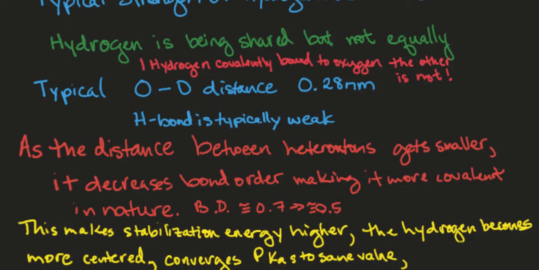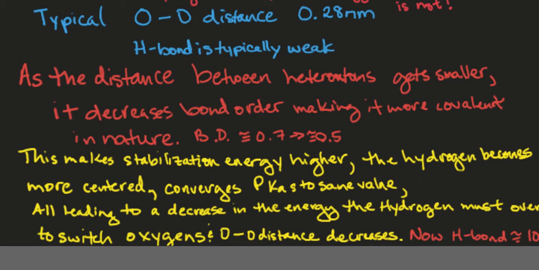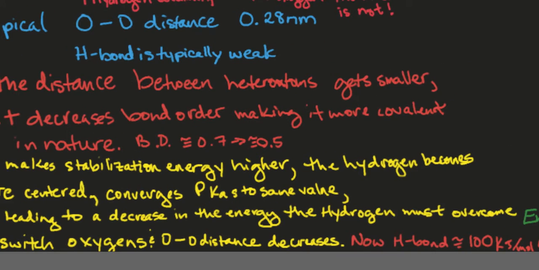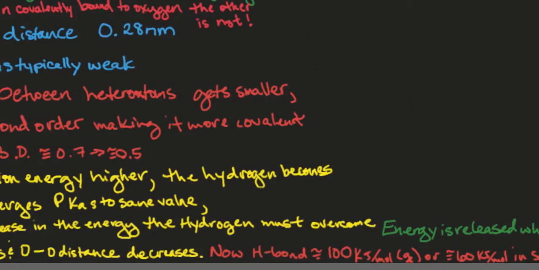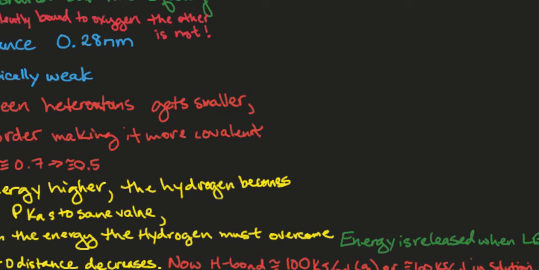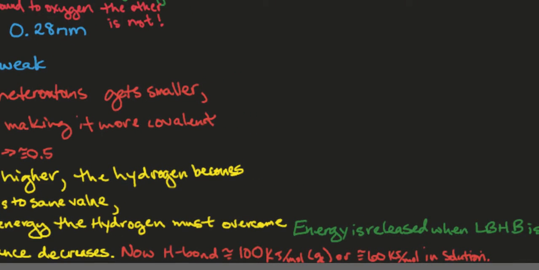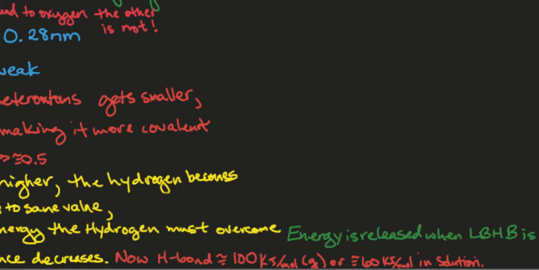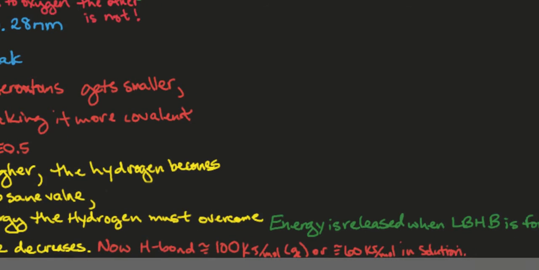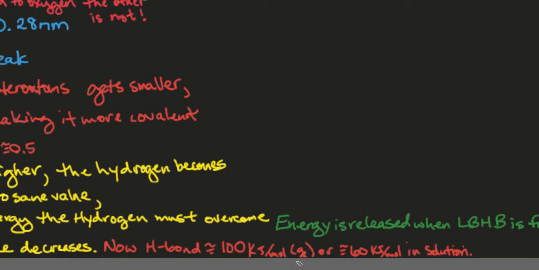So as a result, the O distance decreases, and now we get a bunch more energy being released in these hydrogen bonds. So in a gas phase, we have roughly this 100 kilojoules per mole, and then in the solution, we have the 60 kilojoules per mole.